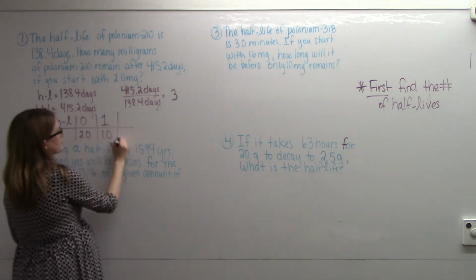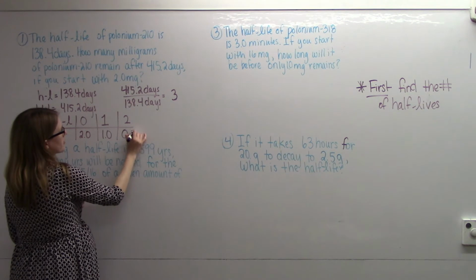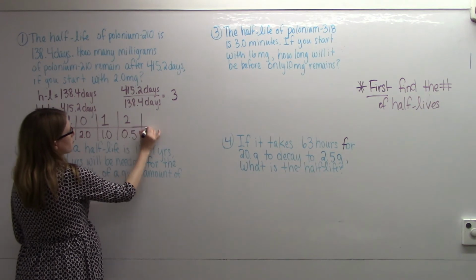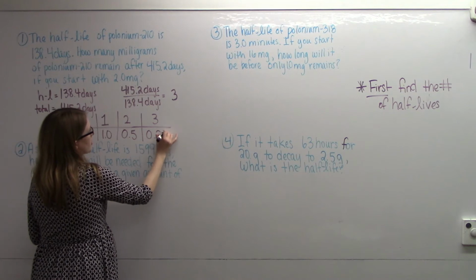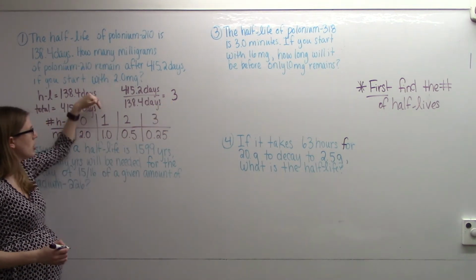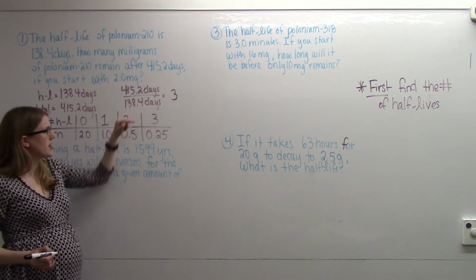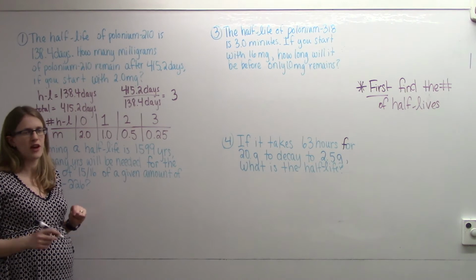We divide in half again, now we have 0.5. We divide in half one more time, and now we have 0.25. Each time, this means that you're going to divide in half 3 times. 1, 2, 3. Each time you're hitting your calculator, divided by 2, divided by 2, divided by 2.